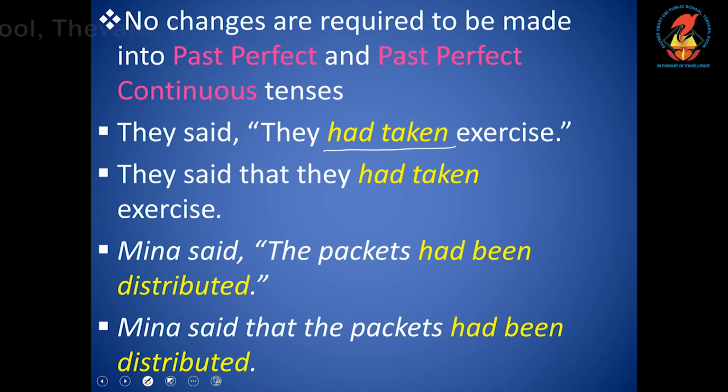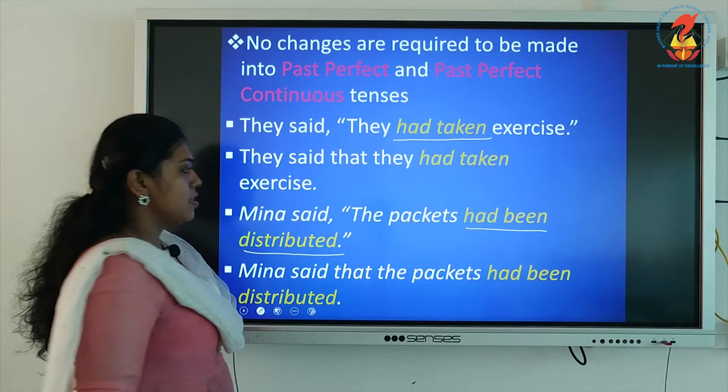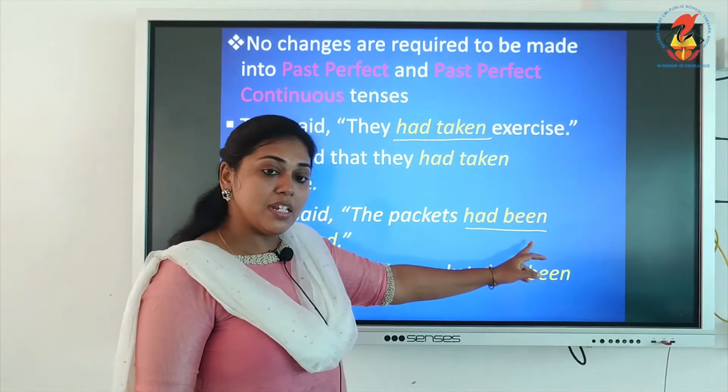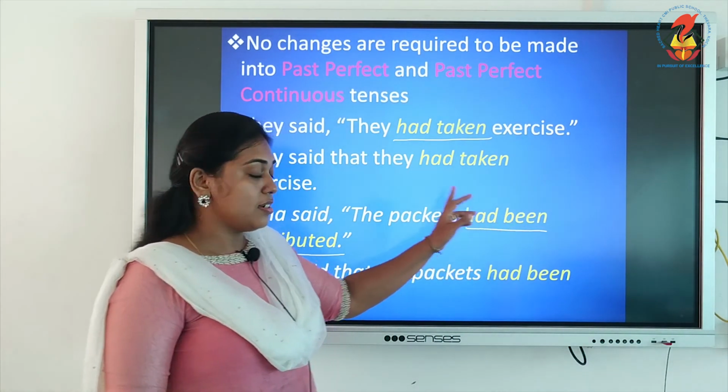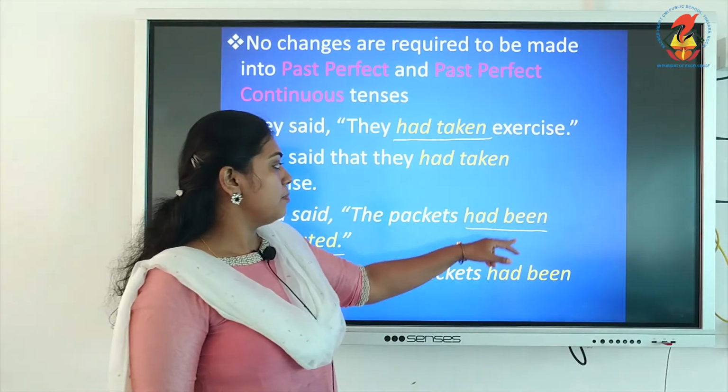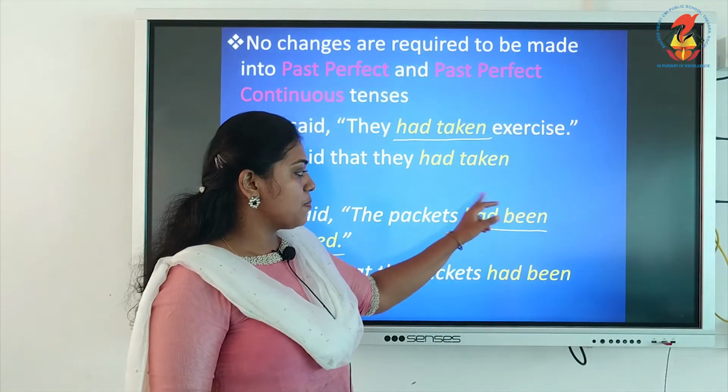Next one, Meena said the packets had been distributed. What is the verb here, children? Yes. Had been distributed. See, here had is there, which is a past form. Then been is also there, and distributed. So this is in past perfect form.